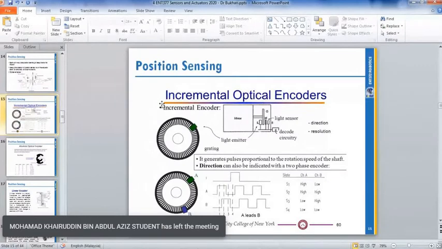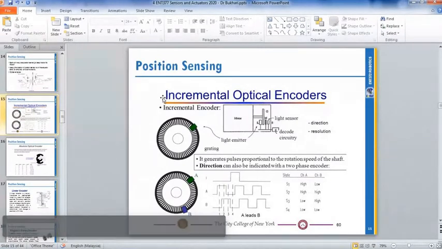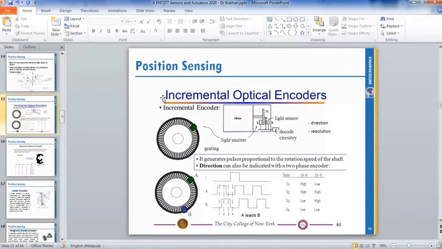Incremental means that we can count increments. We can count 1, 1, 1, 1, so you plus 1, plus 1, plus 1, plus 1. If you have one sensor, you can only count whether it increases or decreases, and that depends on your programming.